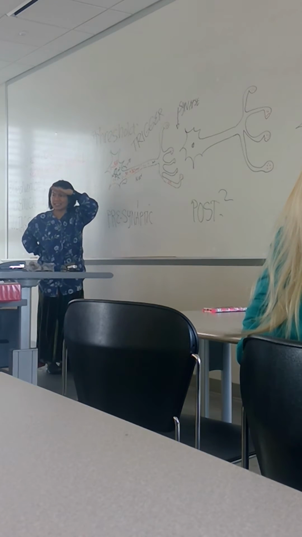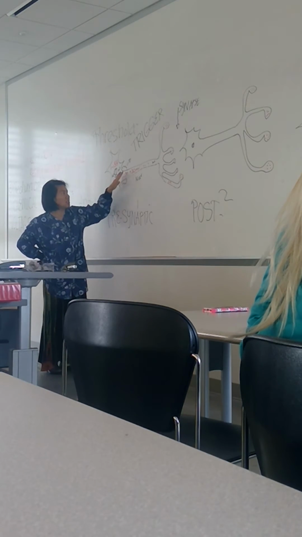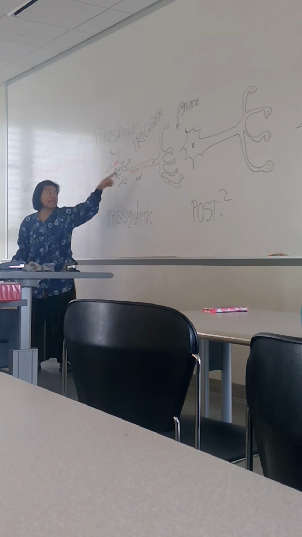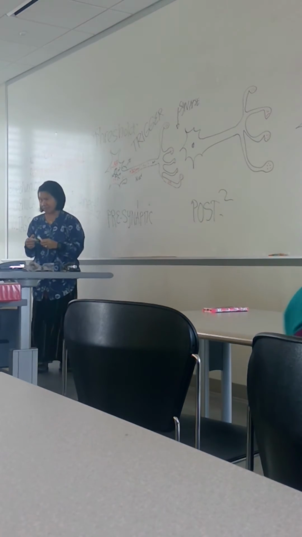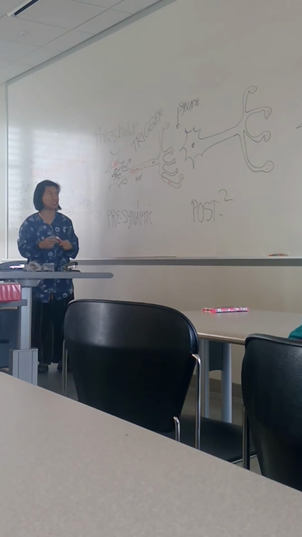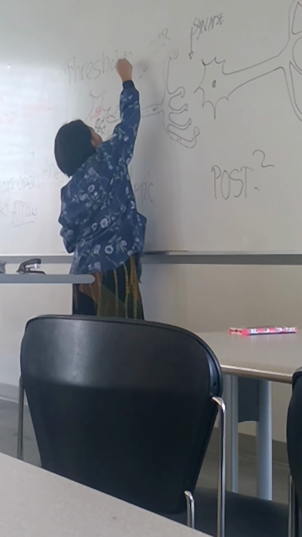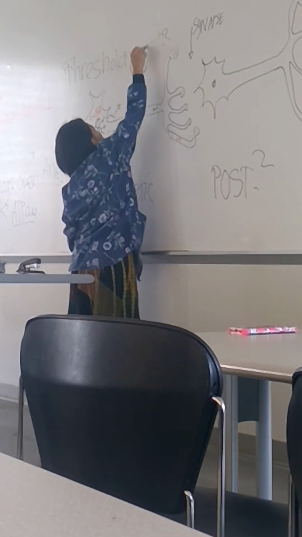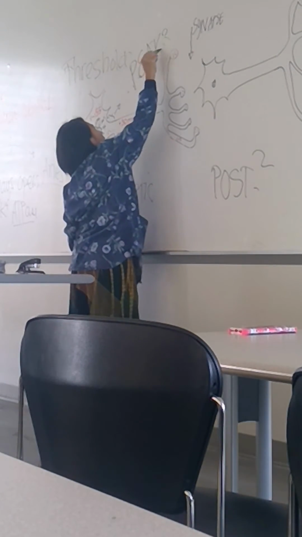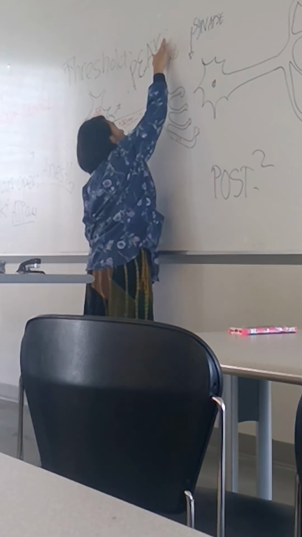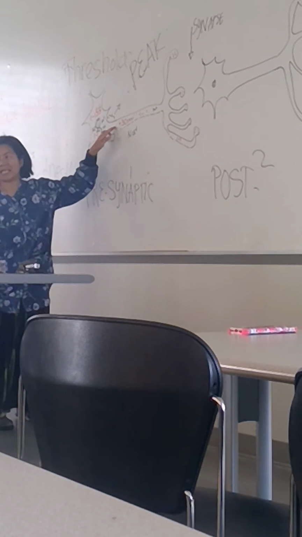But then it hits a point where the charge inside is no longer -70 but positive 30. This is what you call the peak of action potential. So positive 30 is referred to as the peak of action potential. All you need to do is to reach that peak.